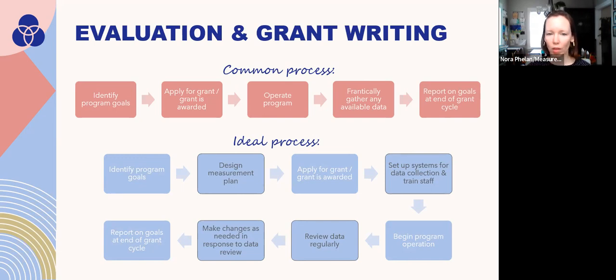However, if you do spend that time and really develop a good measurement plan, the program, even if you're applying for a different grant, you can likely use that same measurement plan or similar on another grant. So putting time and investment into kind of really looking at what are good tools, how often are you going to collect information, where is it going to go, that will pay off even if you don't get that specific grant.